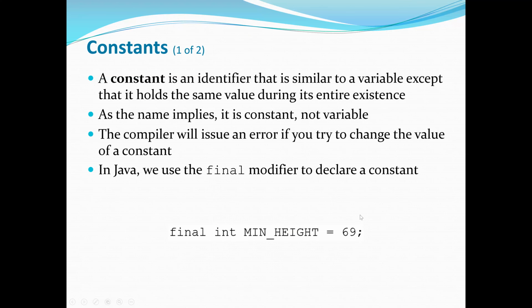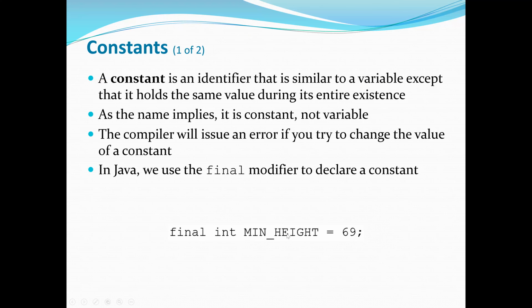The only thing we should know here about constants is that when you declare a constant variable, use the keyword final, and you make sure you initialize it to some value. Imagine we cannot declare a constant variable without initializing it. Why would we have it as constant? Because there's some constant value that will be there. So always a constant variable, we have to initialize it to some value.